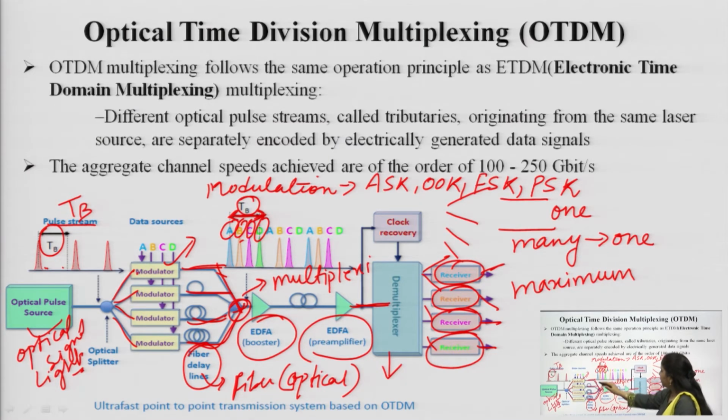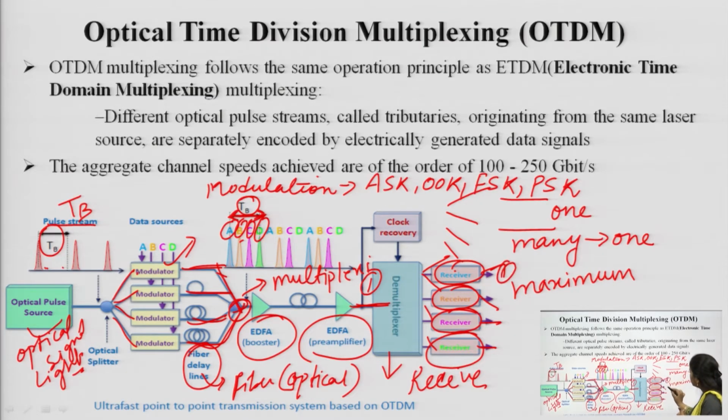Now these 4 are combined, multiplexed, and passed through the optical fiber, and here it is combined in one single form. In the demultiplexer end, which is at the receiver section, it is again divided into 4 and received by the 4 different receivers.